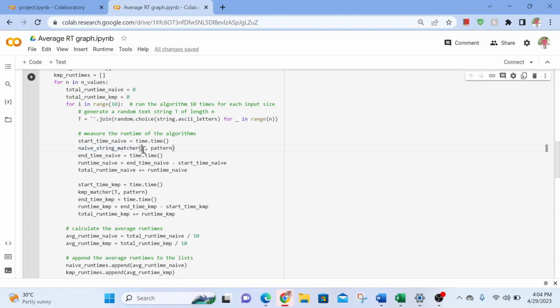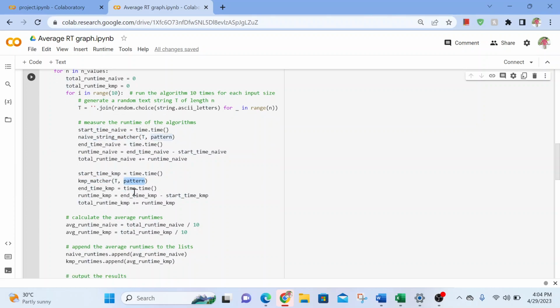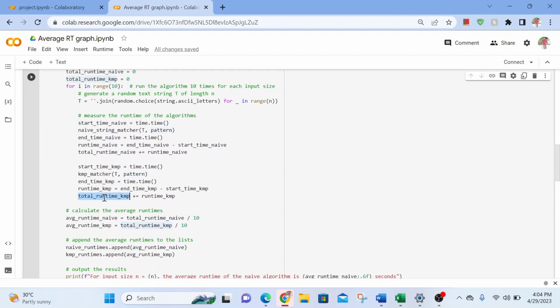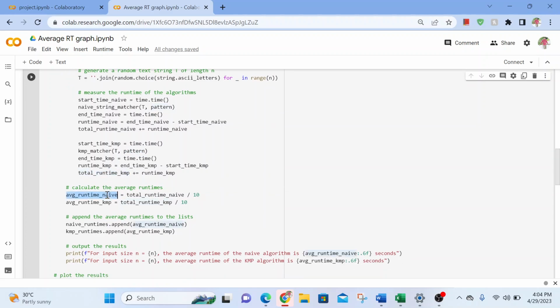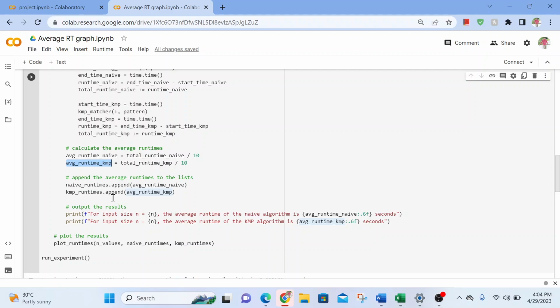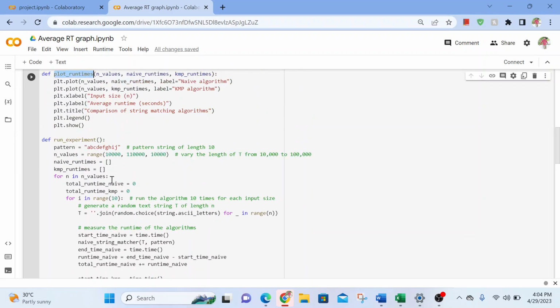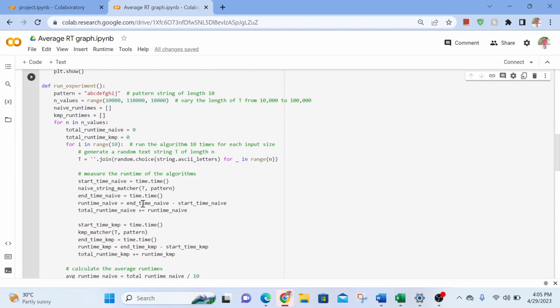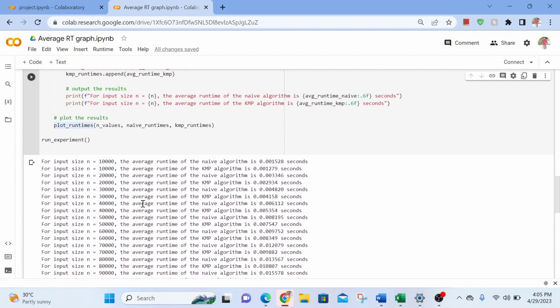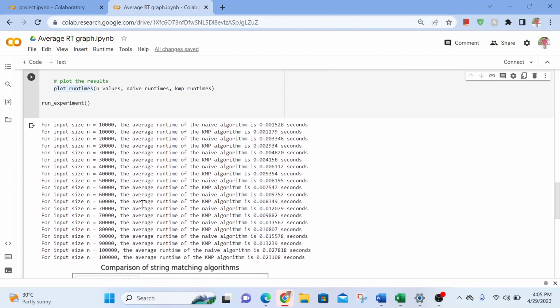It takes the same text and pattern, and we are going to find the average for both Naive and KMP. I'm also going to plot a graph using the plot runtime function for comparison of the runtimes of both. So this is the output of the above code.